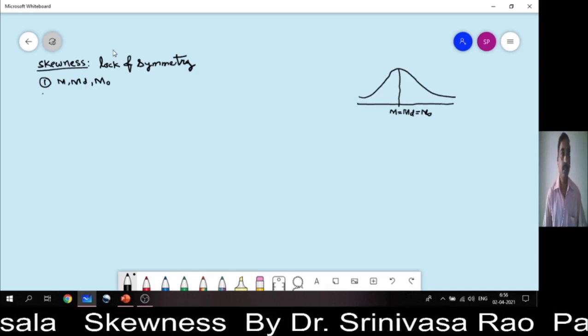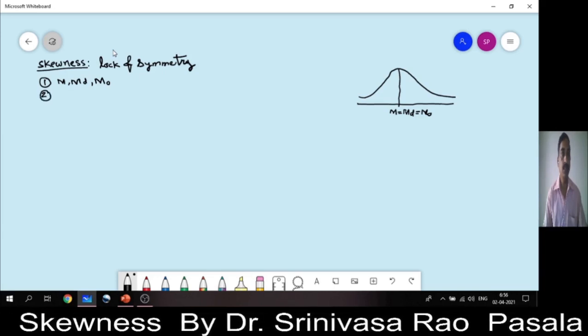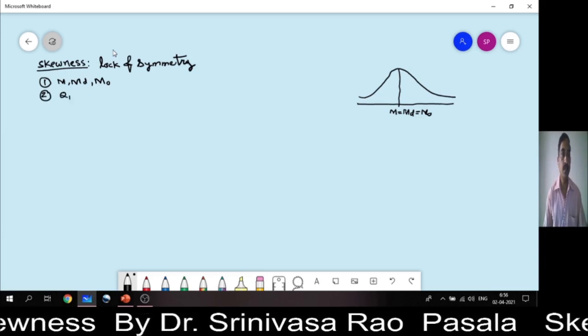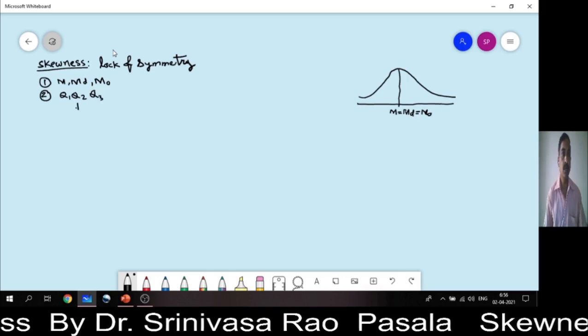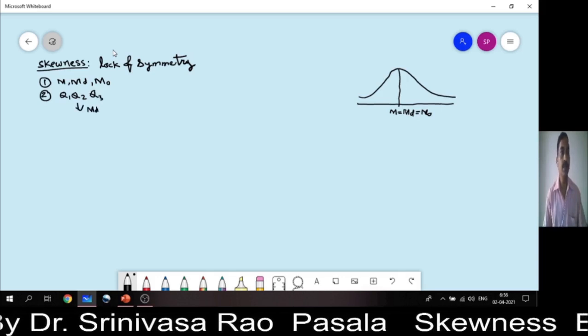The second point we observe under a skewed distribution is that the quartiles Q1, Q2, Q3, where Q2 is the median as you already know, are not equidistant.